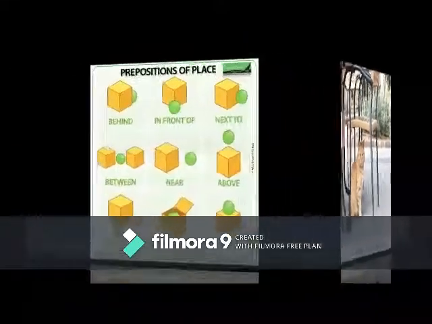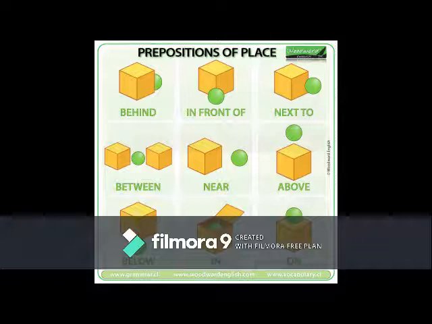Prepositions of place include in, at, on, by, next to, beside, near, between, behind, in front of, under, below, and above. Let us see all these prepositions in detail, how they are used and where they are used.